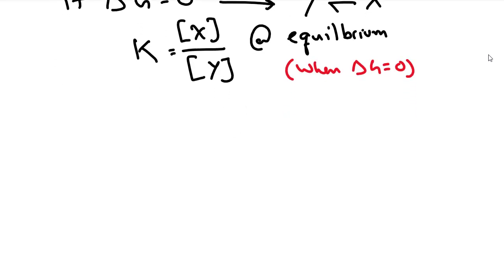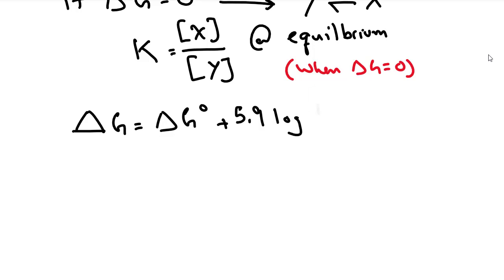Now let's go again back to our original equation. Delta G equals delta G standard plus 5.9 log of X over Y, right?